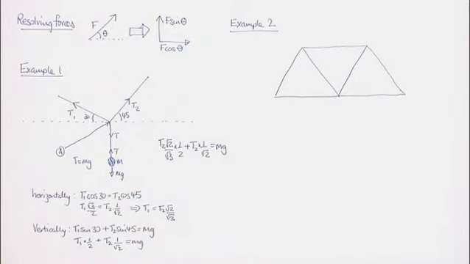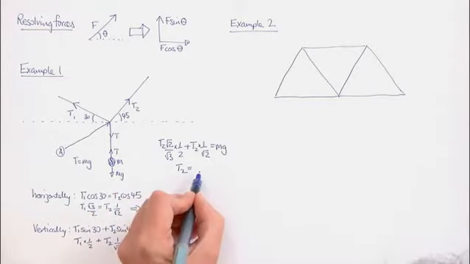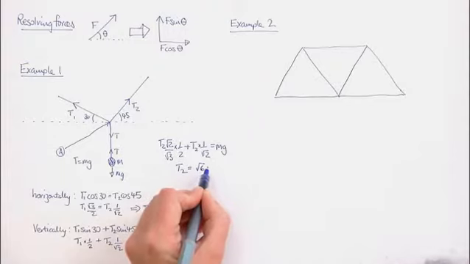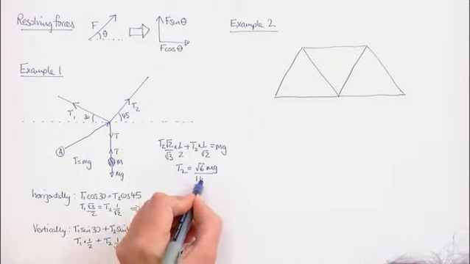We can simplify this and we end up with T2 is equal to root 6 mg over 1 plus root 3.